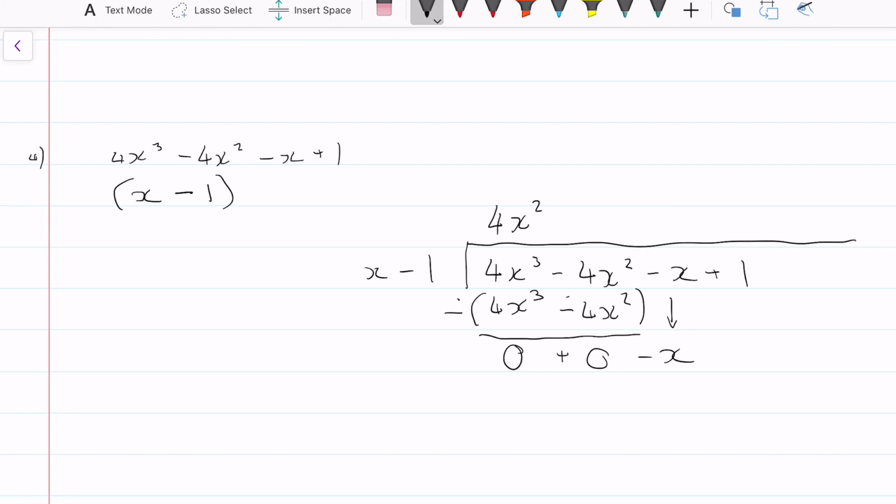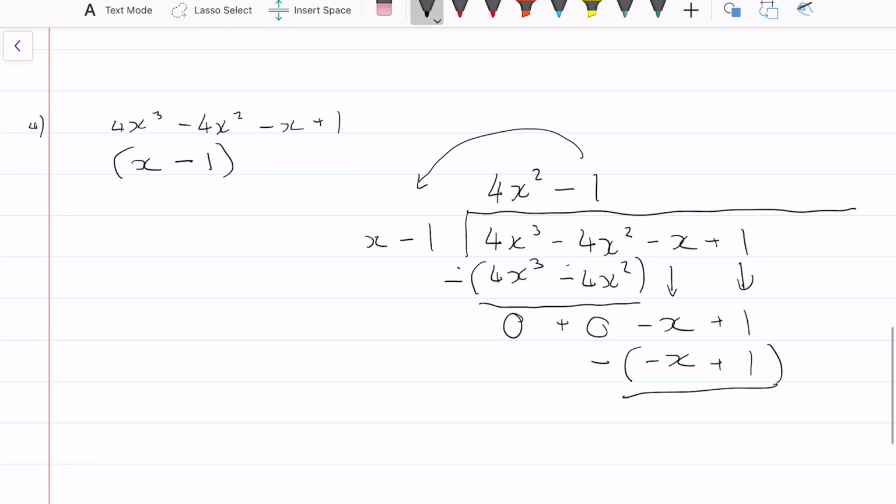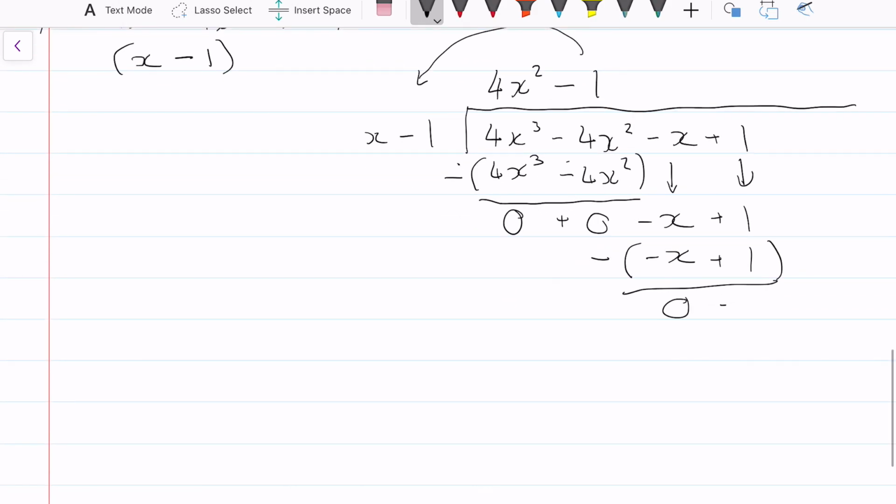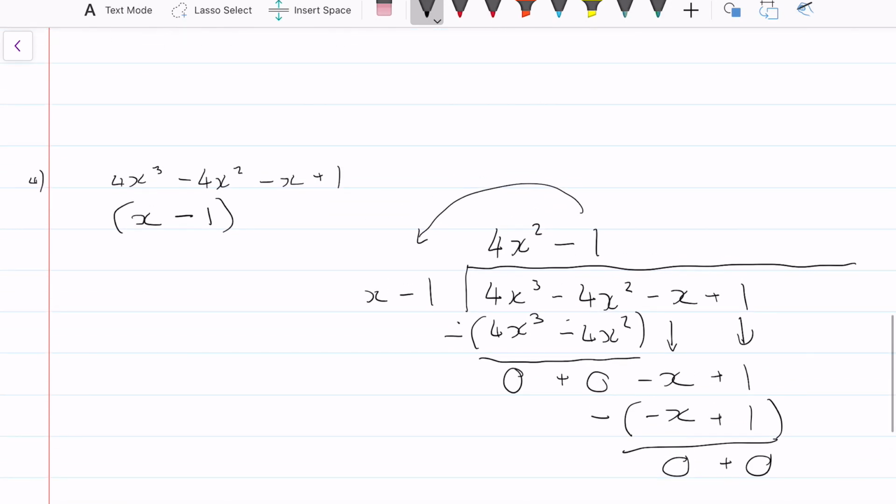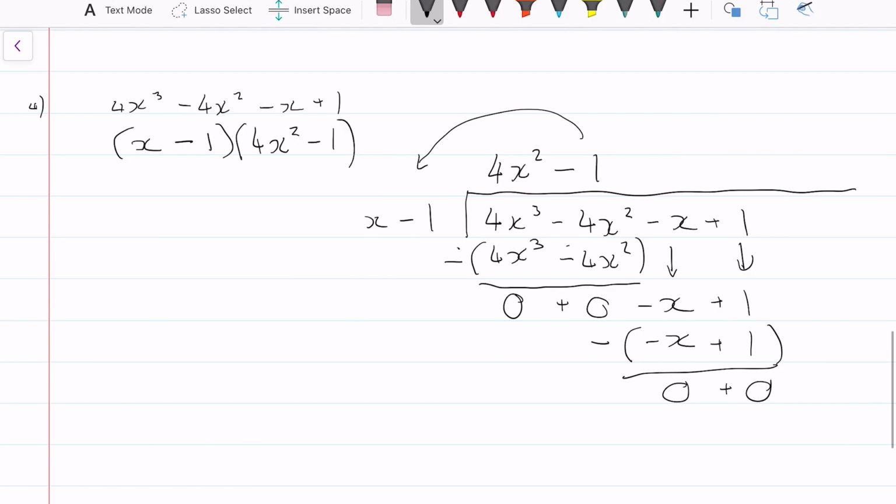Okay, so to get a minus x, we need a minus 1 here, and we can bring down this plus 1 as well, so we get this multiplied into there gives us minus x plus 1, and when we subtract these two from each other, we get 0 plus 0. So we know that 4x squared minus 1 is also a factor.